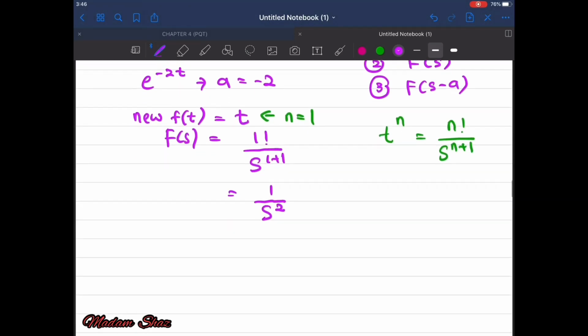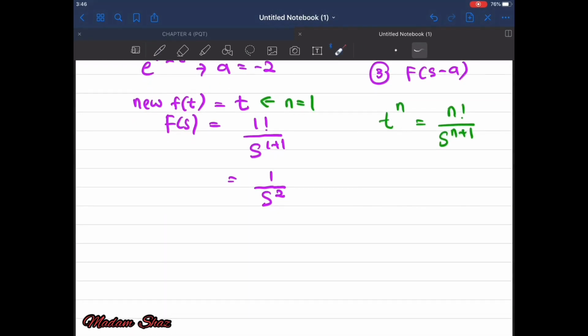Now proceed to the last step, shift F(s-a). We already declared our a is equal to -2. Therefore F(s-a), s minus -2, will become s plus 2. We shift the position of s to become s plus 2.